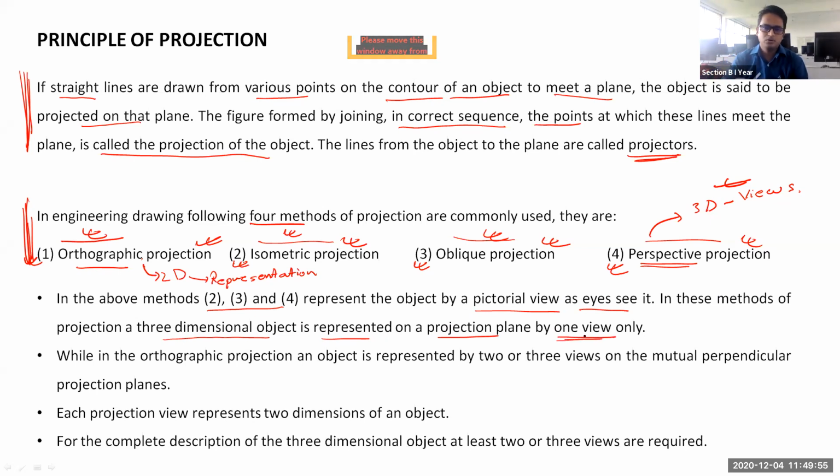Suppose I am looking at any object with my eye, my eye will not make its front view, top view, side view. We have to apply our brain and see, if we are looking at it from the front, what I can see, and if I am looking at it from the top, what I will see. So the actual 3D view will give you only one view.